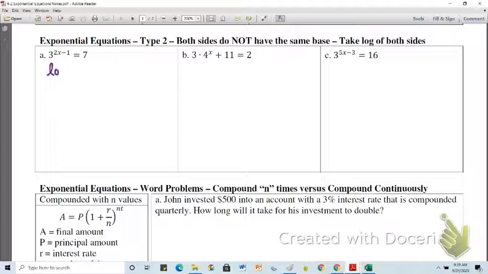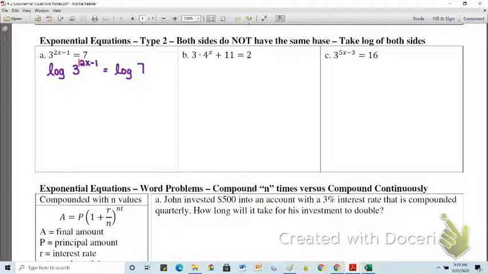So I write log of 3 raised to 2x minus 1 equals log of 7. Now this is log base 10 because I'm going to use the log button in my calculator. So why does taking the log of both sides help me?